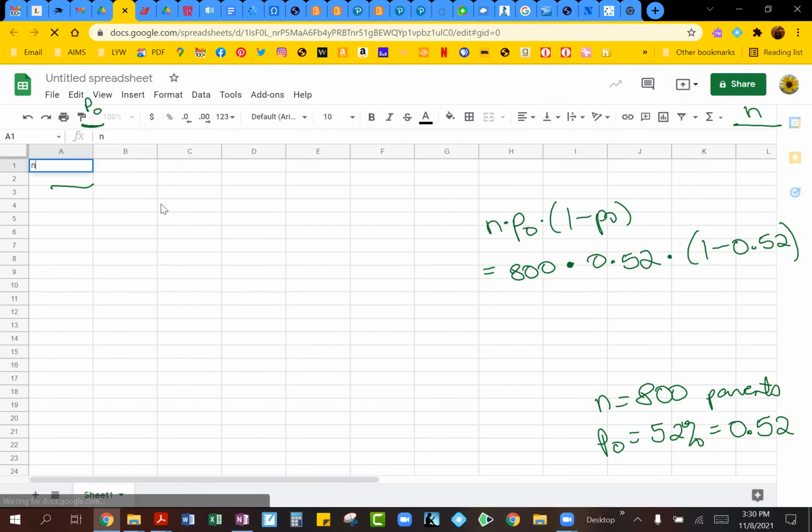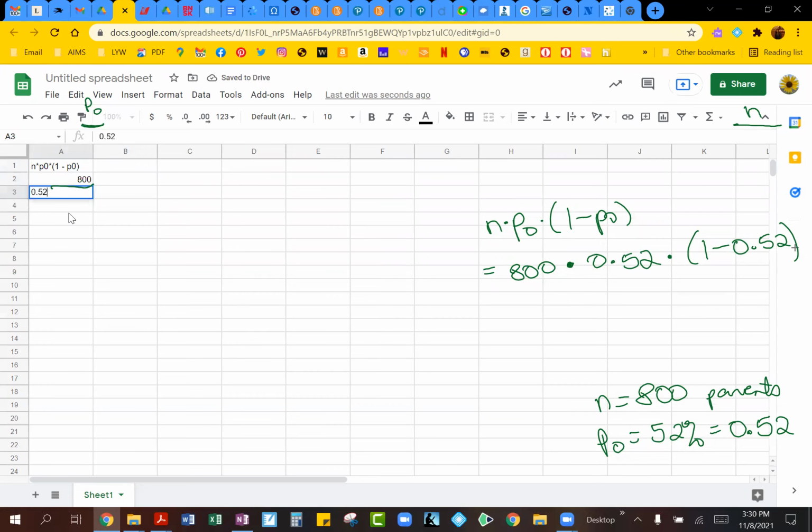And so this is going to be N times P sub 0, and again, like I said, I'll have to fix that later on, times 1 minus P sub 0. So your N value is 800, and P sub 0 is 0.52.